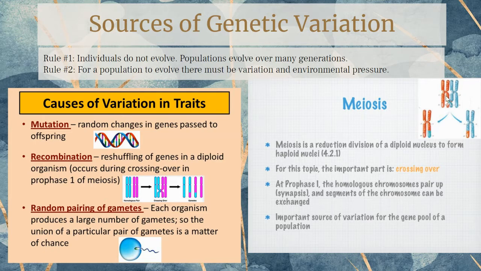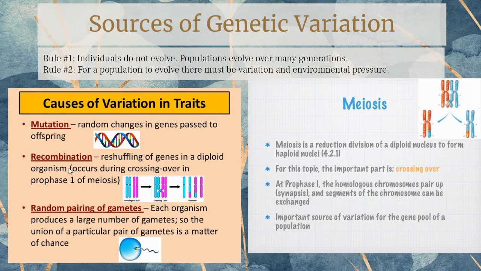You've got mom's chromosomes and dad's side of chromosomes, and they just kind of rub up on each other and then separate again. And what happened is some of the blue swapped with the red, some of the red swapped with the blue. And we're thankful for this because we're not a clone of our brother and sister. This is how we have some variation among siblings of the same family, right?